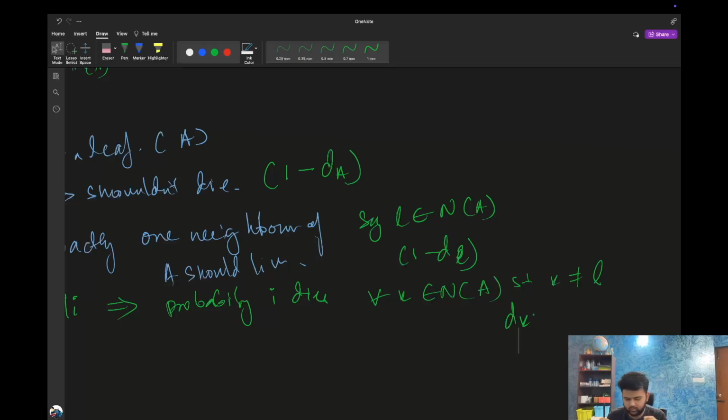Since any individual vertex dying or not dying is independent of the others, the probability that all of them happen together is the product.